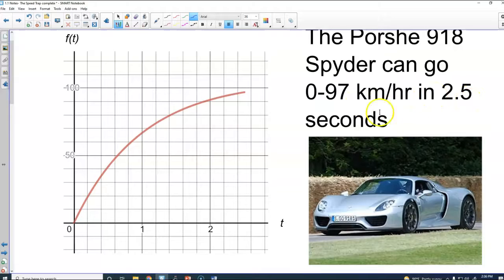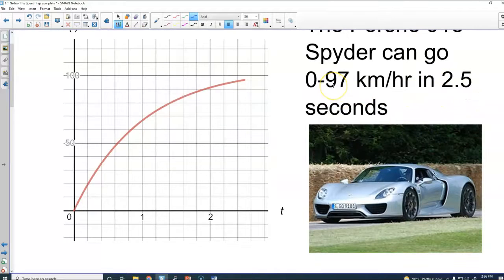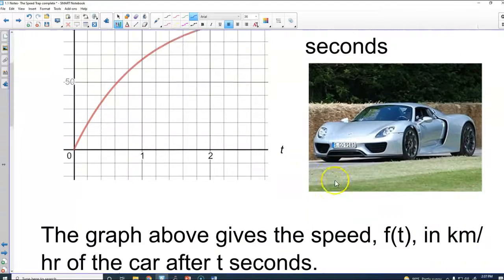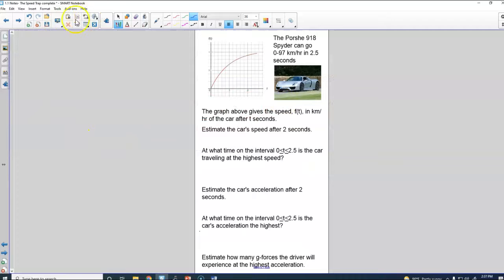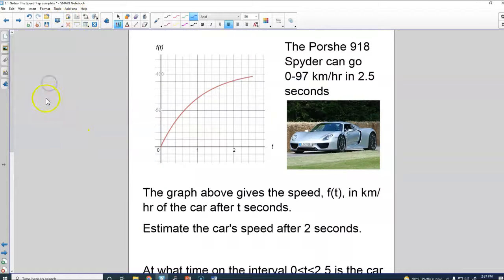I don't remember why it was 97, but that's whatever it was where I looked it up. I guess I might have converted it from 60. It's like your 0 to 60 time right here. Alright, so this graph gives the speed in kilometers per hour of the car after t seconds.